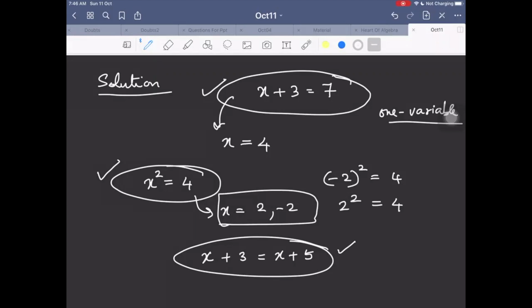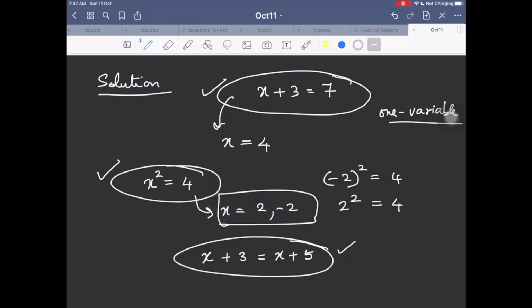What about others? Is this obvious? Yes, it's obvious because whatever value of x you substitute, it will not hold. So just because you have an equation, it does not mean that it is solvable, or that it is going to produce a solution. So always keep that in mind.